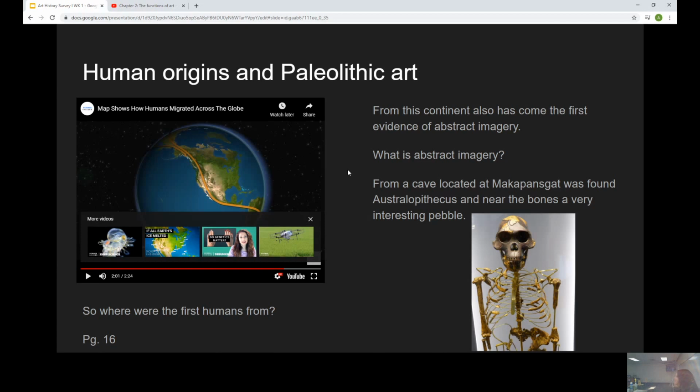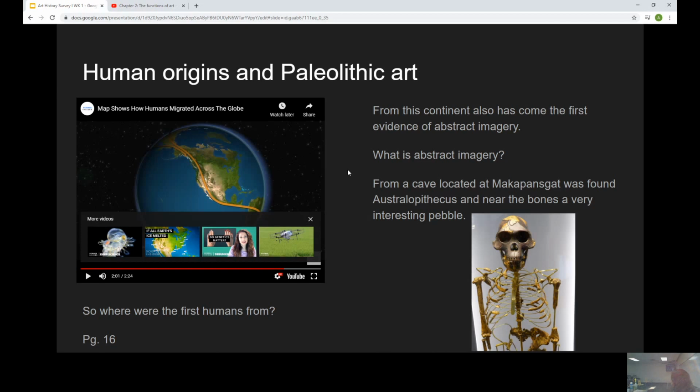So with abstract imagery, you can have two kinds. There's representational abstract and there's non-representational abstract. Today we're going to be talking about representational abstract. That means these people were trying to illustrate something they saw, but they did not do so in an extremely realistic way.